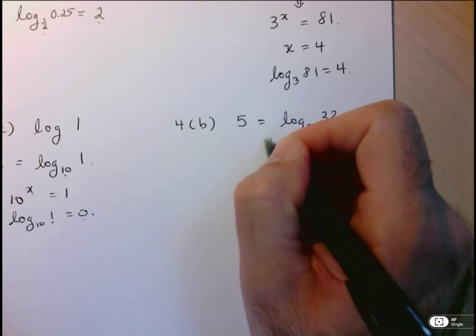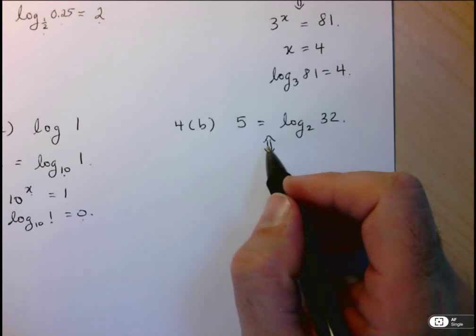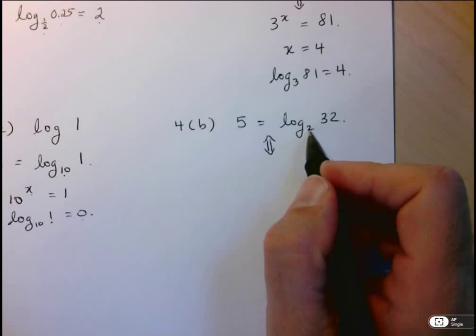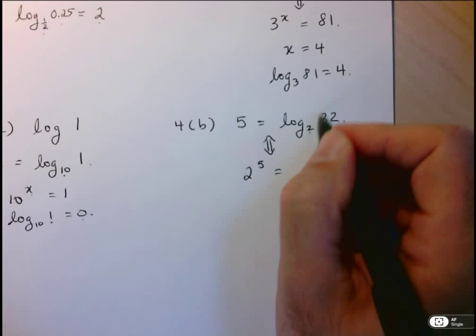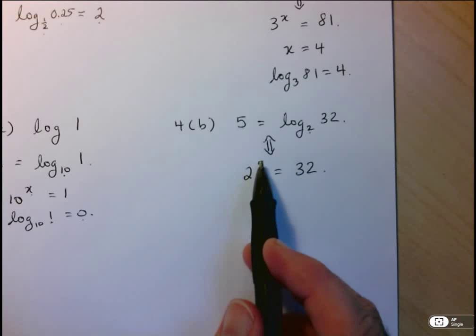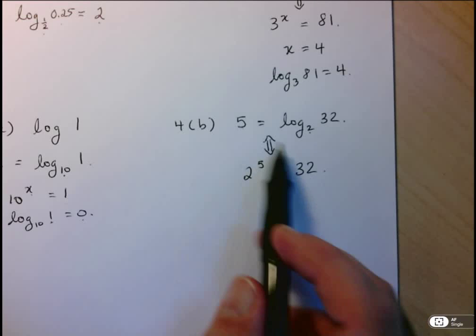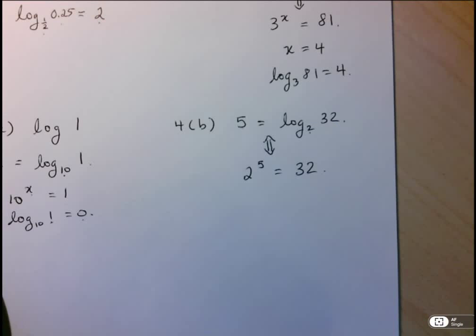So we just use our original definition of logarithms, and we know that this is equivalent to writing base 2 to the exponent of 5 is equal to this result of 32, which of course we know is correct. 2 to the exponent 5 is equal to 32, so that's equivalent to this statement here using logarithmic notation.